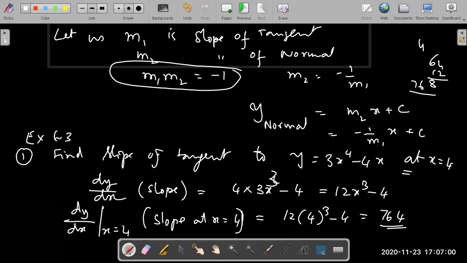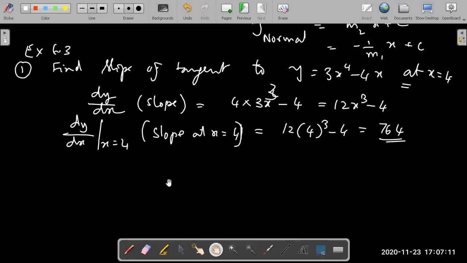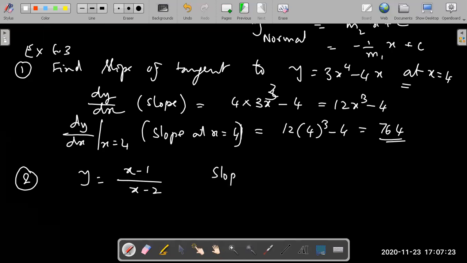Okay, second question, sir. Find the slope of the tangent to the curve y is equal to x minus 1 divided by x minus 2 at x equal to 10. So second question, y equal to x minus 1 divided by x minus 2, slope at x equal to 10, how much?